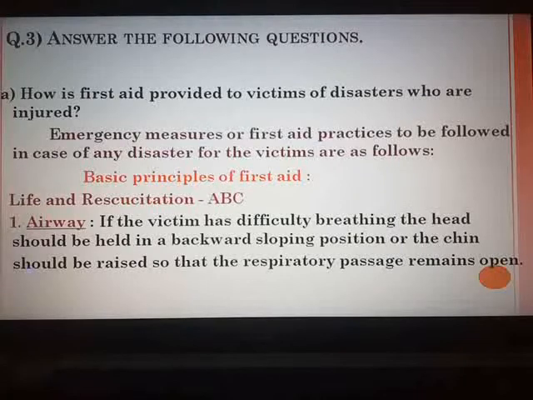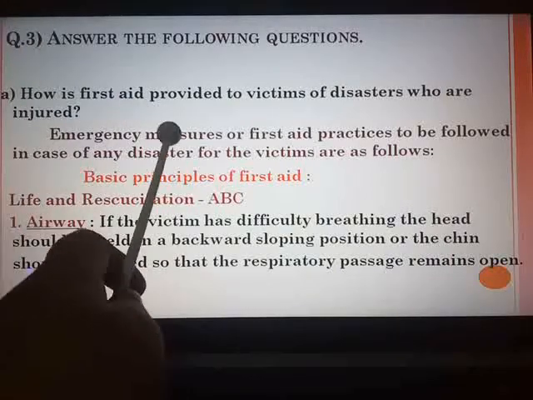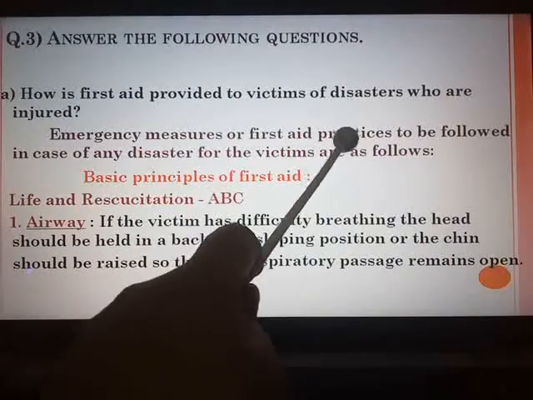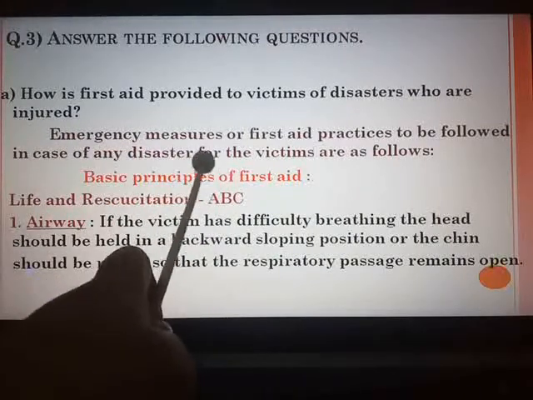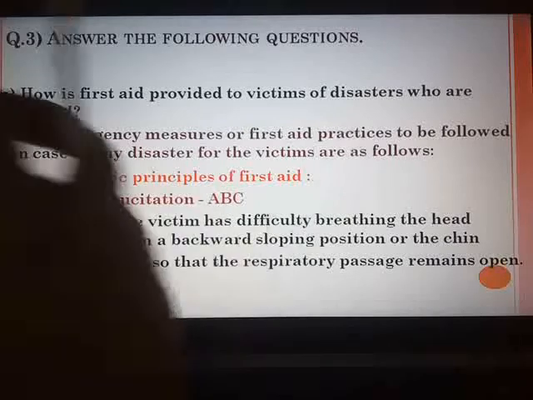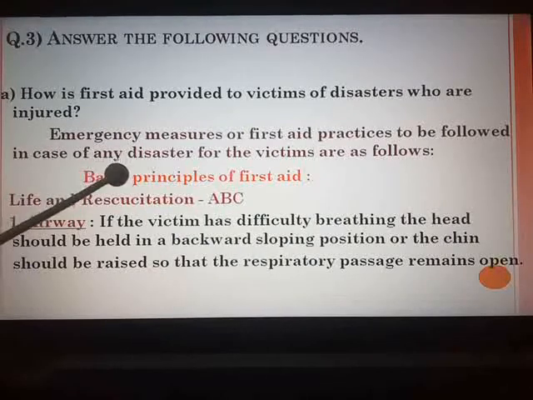Above that you have the paragraph, the main objective. In that paragraph, fifth line, the last words are emergency measures. So from there you can start, emergency measures or first aid practices to be followed, and add in case of any disaster for the victims are as follows, and then you can continue marking on the same page.